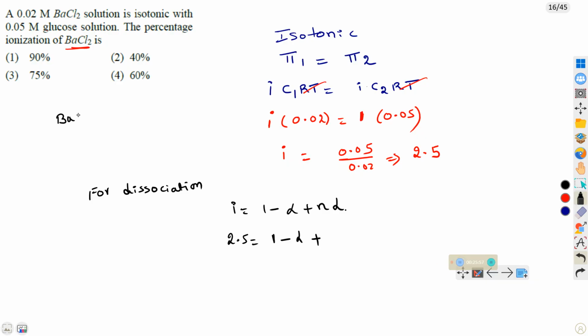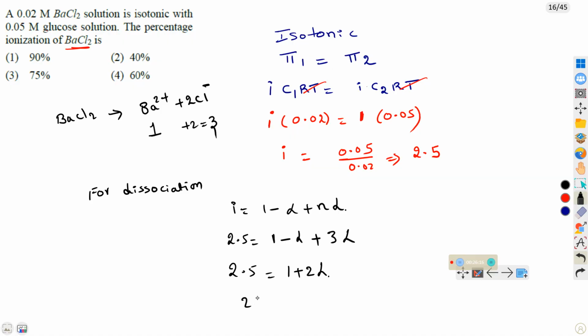BaCl2 dissociates into Ba2 plus and 2Cl minus, so 1 plus 2, n value is equal to 3. 2.5 is equal to 1 plus 2 alpha. 2 alpha is equal to 1.5. Alpha is equal to 0.75, or it can also be written as 75%. Third option correct.